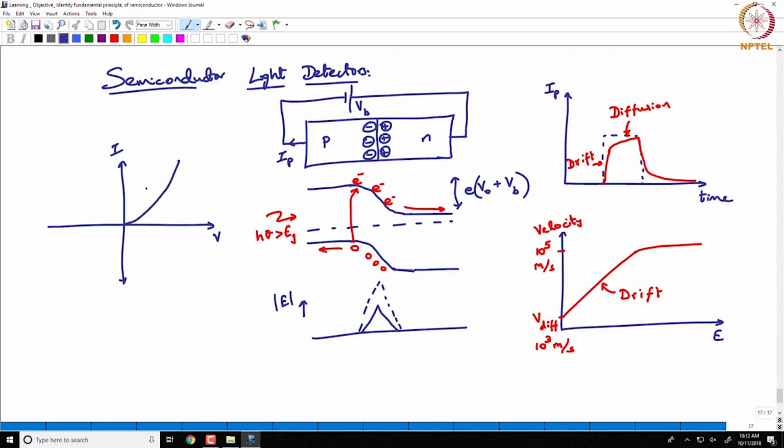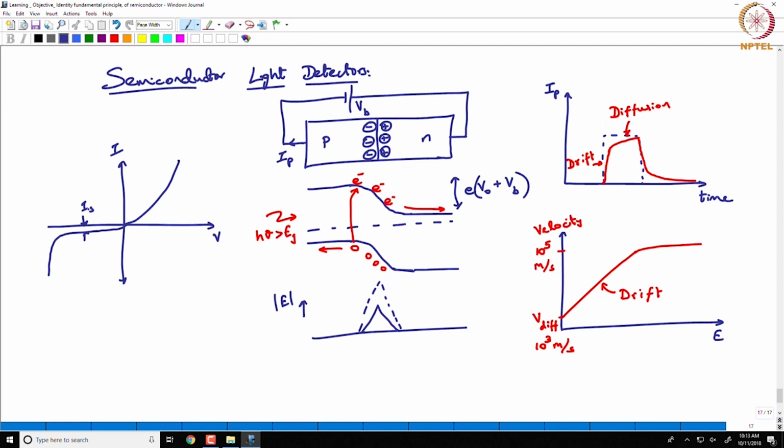It's going to have an exponential dependence on the forward bias voltage, and in the reverse bias it's going to come out like this. So, there is going to be a certain current which we were previously calling IS, right. So, there is going to be a certain photocurrent that's going across at reverse bias.